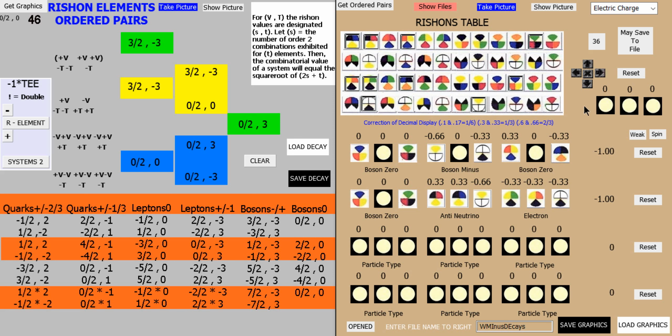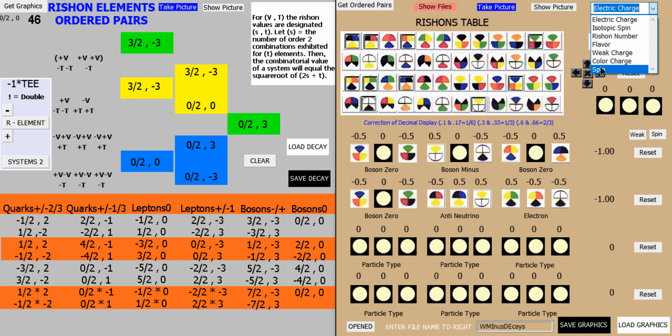So now let's take a look at the spin quantum number. And so, of course, on the scalar boson minus, we have a spin of plus 1/2 and minus 1/2 on the components, giving us 0.